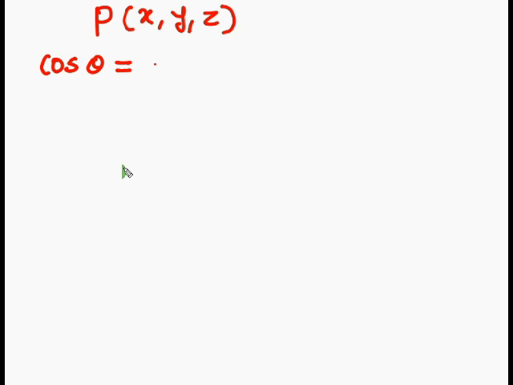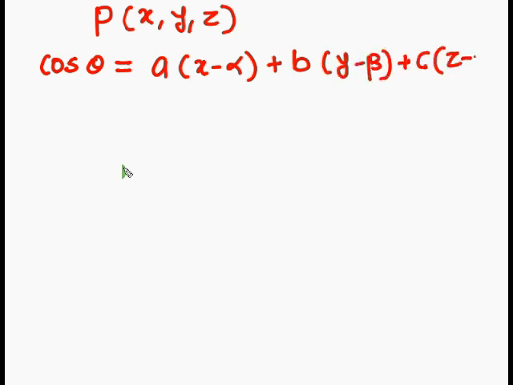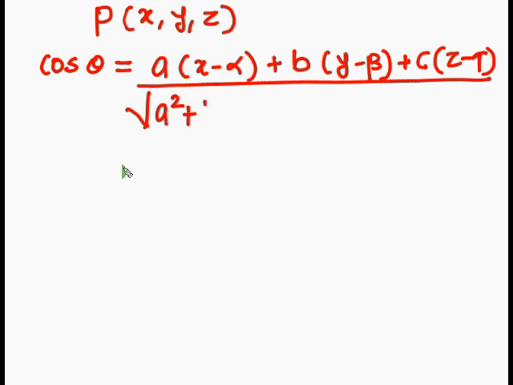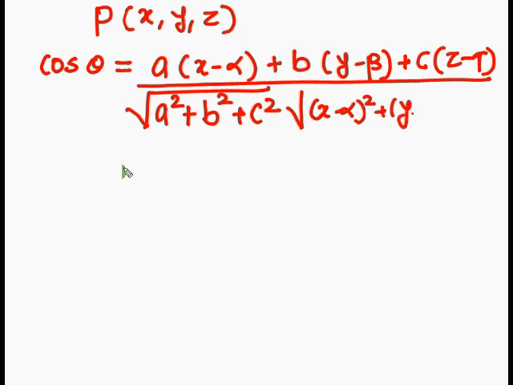Then cos theta is equal to a into x minus alpha plus b into y minus beta plus c into z minus gamma, divided by square root of a square plus b square plus c square into square root of x minus alpha square plus y minus beta square plus z minus gamma square.